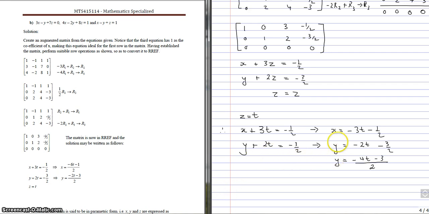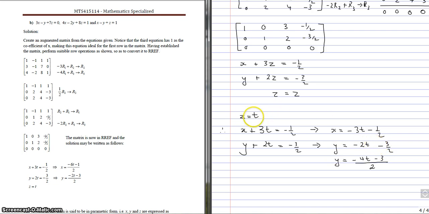Okay, so then these are our solutions. We don't actually have numerical solutions for this, except that z can take on any value we like. If z is equal to, say, 0, then we will obtain particular numerical values for x. It'll be x equals negative a half and y equals negative 3 over 2.